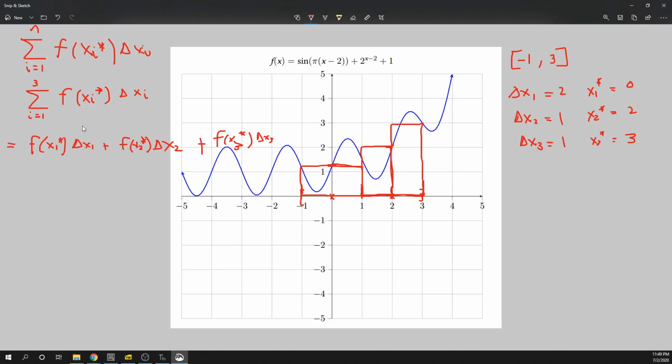All right, so that would be our approximation formula written in the expanded form. All right, that 3 is bothering me, so I got to get rid of it.